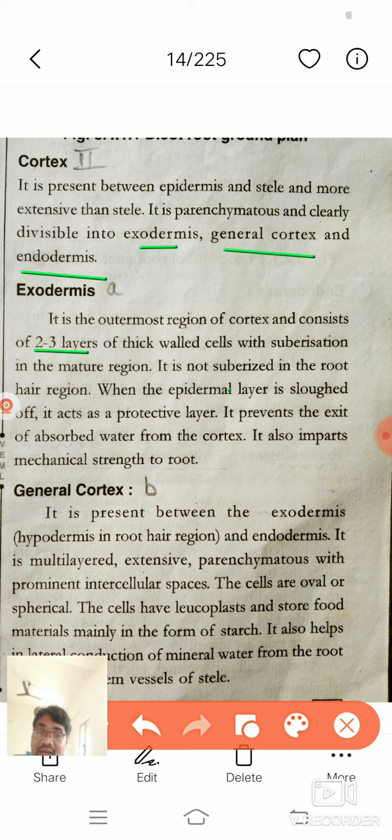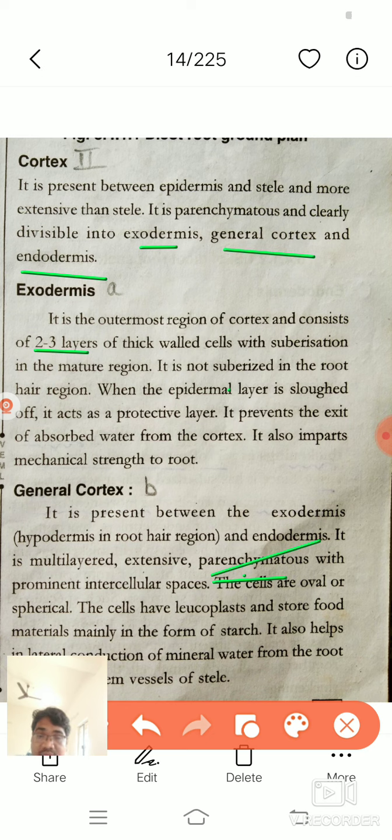It consists of multi-layered extensive parenchyma cells with prominent intercellular spaces between them. These cortex cells are oval or spherical in shape. The cells have leucoplasts and store food materials mainly in the form of starch.